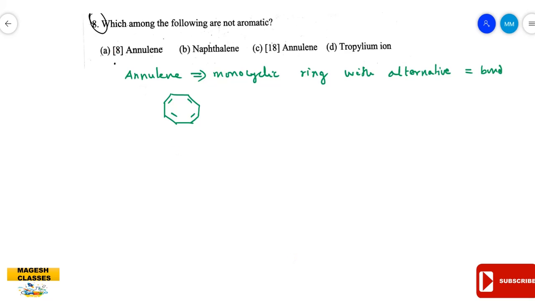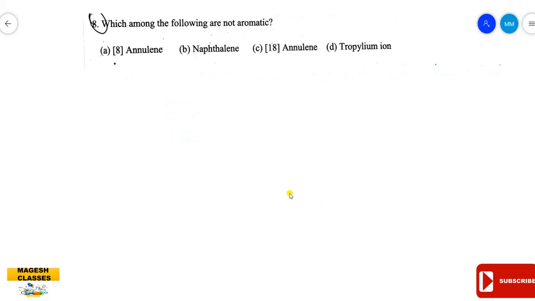The number in the square bracket indicates the number of carbon atoms, so it is called [8]annulene. Annulenes have an even number of carbon atoms. [8]annulene follows the 4n pi electron rule, but this molecule is non-planar in structure. So due to its non-planarity, it is non-aromatic. So your answer is [8]annulene.